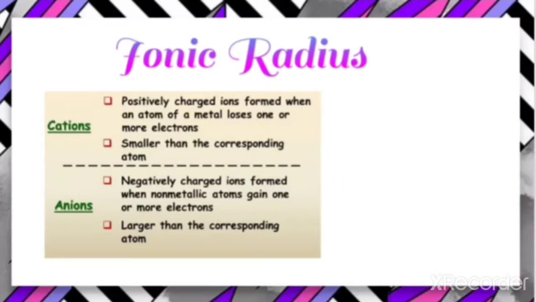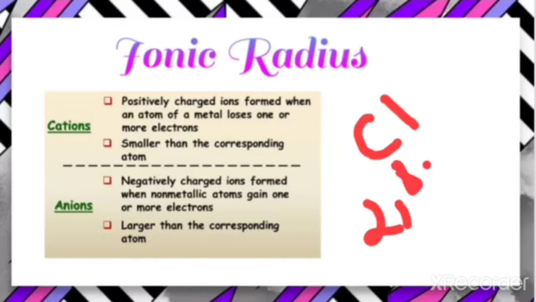What is an anion? Let us take an example of chlorine. Chlorine, when you write down the electronic configuration, that is 2, 8, 7. There are 7 electrons in the outermost shell.